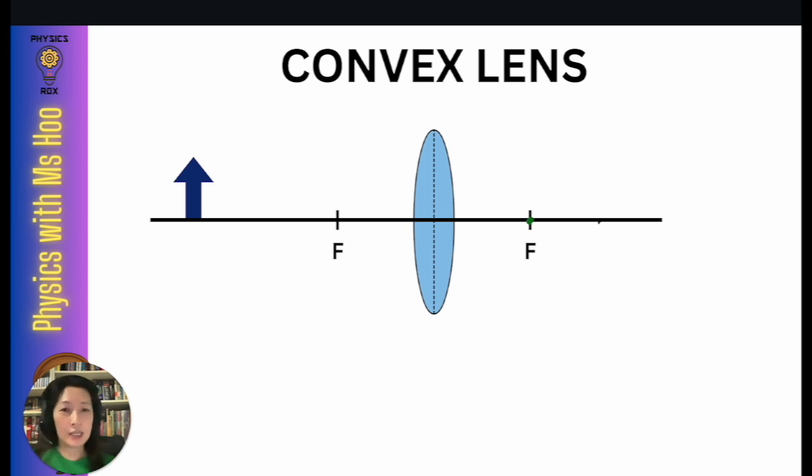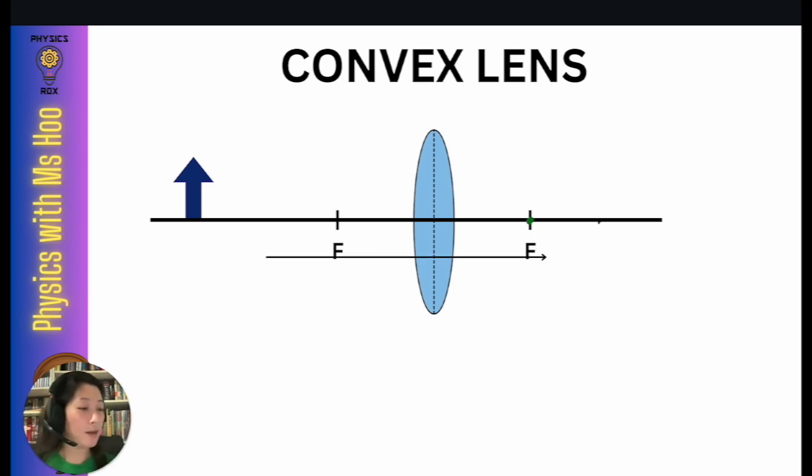Right, so in this video, I'm not going to be drawing the ray diagram for all the different positions of the object compared to the convex lens, which you should know how to do by now. I'm just going to draw two diagrams as a reminder on how to complete the ray diagrams. Now remember that you need to draw at least two light rays that come from the same point on the object.